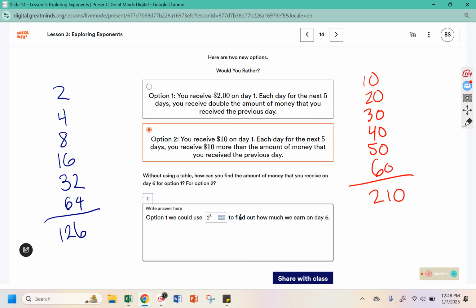For option 2, we would just multiply 10 by 6, because that gives us 60.